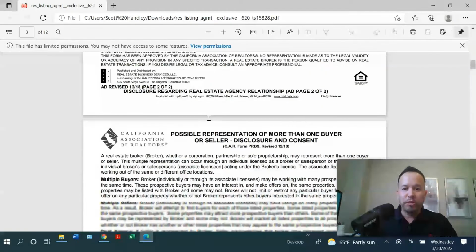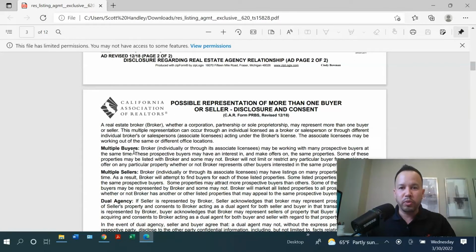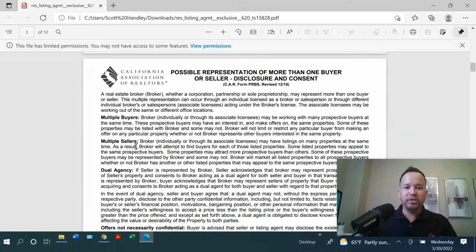The next form is known as the PRBS, Possible Representation of More Than One Buyer or Seller, Disclosure and Consent. So in a transaction, you might have multiple buyers make an offer on this property, or you may have multiple sellers that have very similar, if not identical, properties that you are trying to sell, and you just have to disclose that to your seller.